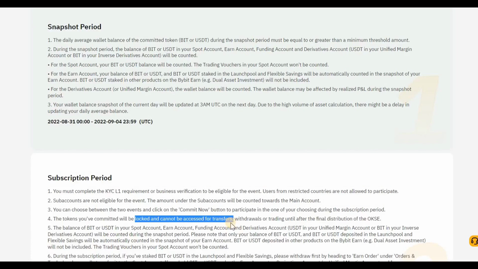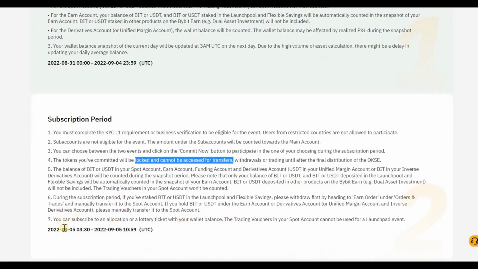So this is what you need to know. When you subscribe a particular amount, your tokens are going to be locked over a period of time and you will not be able to access this token. So this right here is the subscription period, and you can see that it is from 3:30 UTC all the way to 10:59 UTC. This is when you are going to subscribe and lock your tokens on the Bybit Launchpad.